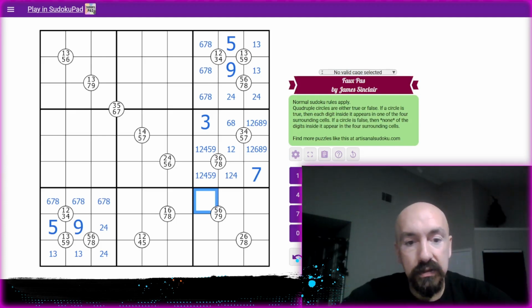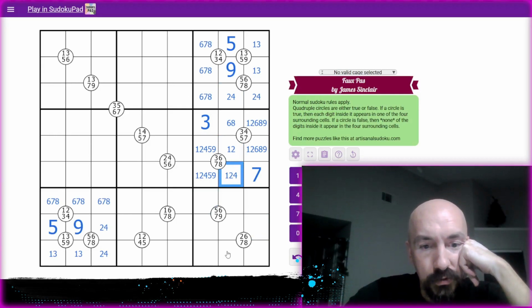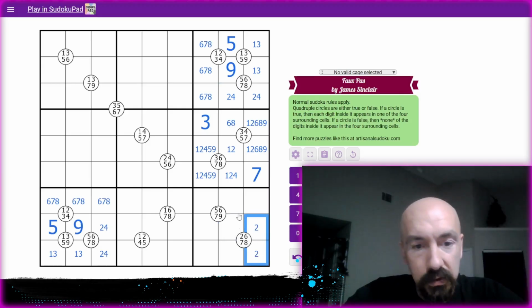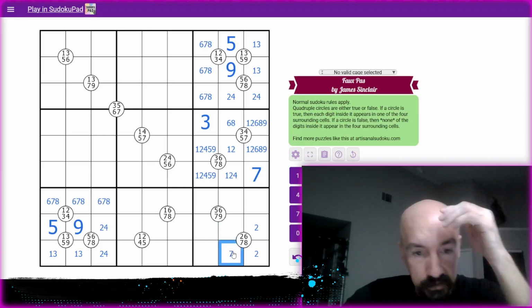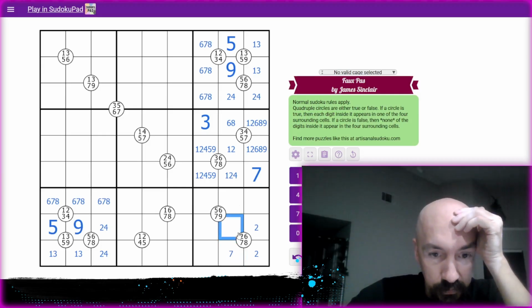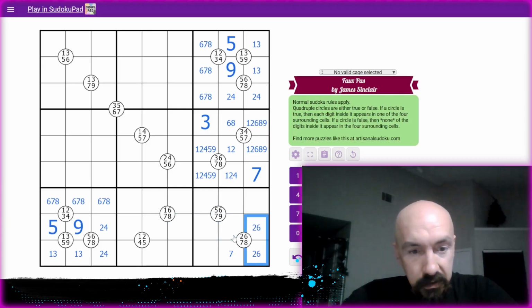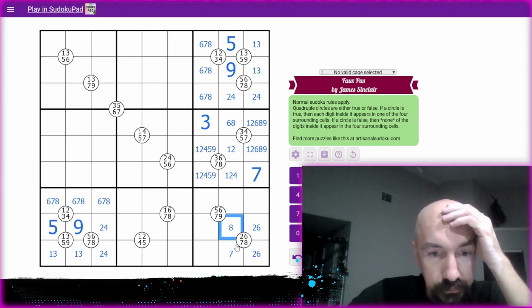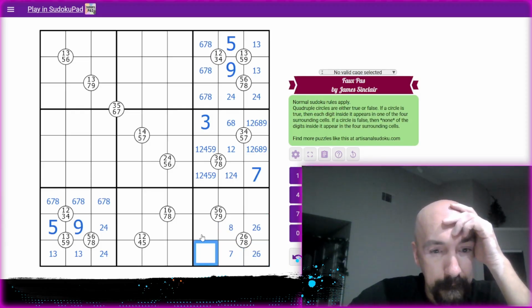Can we do 2, 6, 7, 8? We have a 1, 2, 4 triple, so then this would have to be 2. The 7 would have to go here. But with that 7, this would be the 7. This one could not be a 6 because the 6 would see it. So then the 6 would go here. Then this would have to be the 8. 7, 8, and that'd be a 2, 6. Okay, so then we'd need 5 and 9.